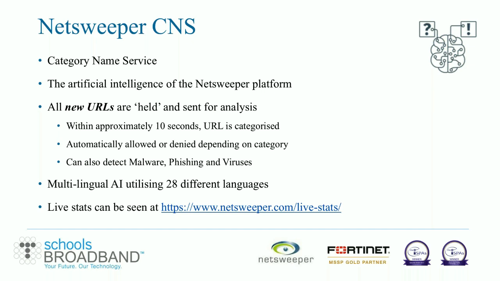With most of the vendors, it's not a holding pen, it's just an unknown website. So the URL goes up to the AI, is inspected, and within roughly 10 seconds, depending on everything that's there, a category is automatically applied to that URL and sent back down to the box. And the user will be allowed or denied access depending on what category decision has been taken.